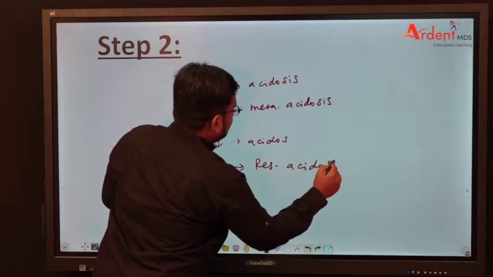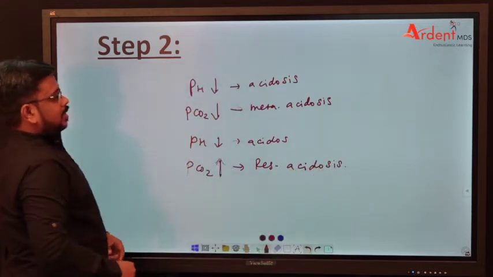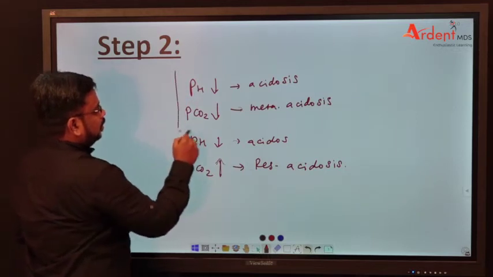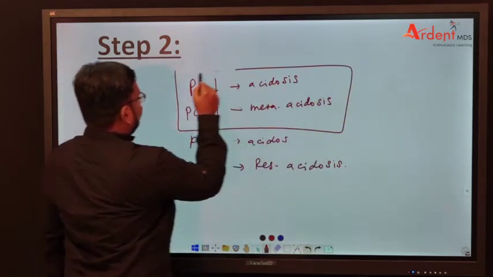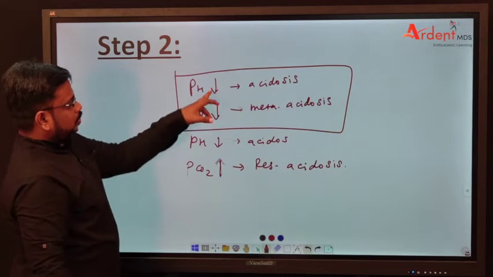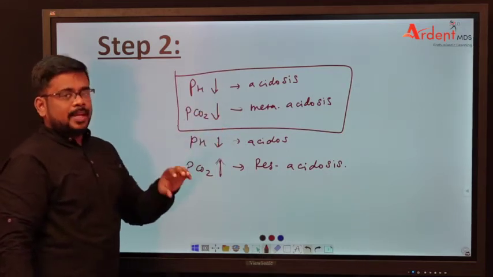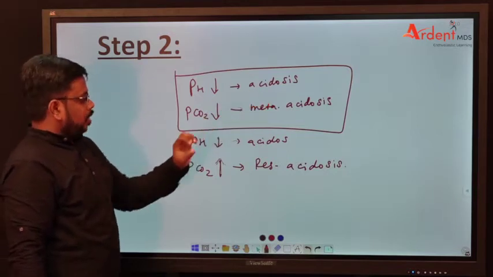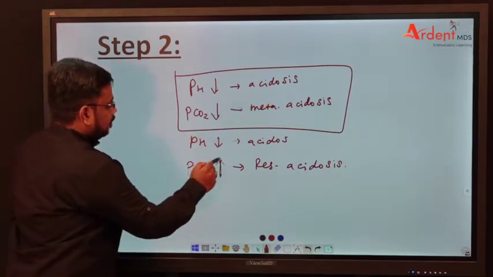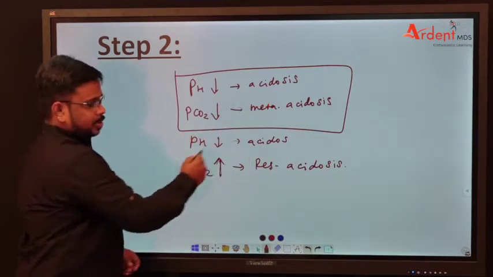Are you able to understand the difference? Good. Just check this first box. Both arrows are in the same direction. If the arrows are in the same direction, it is metabolic. If the arrows are in the reverse direction, it is respiratory.